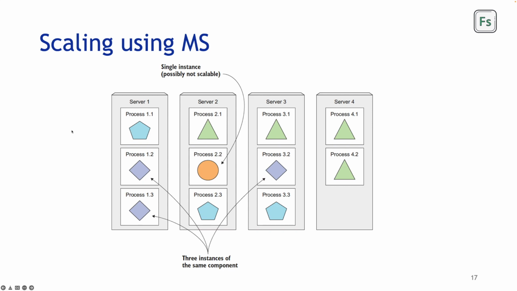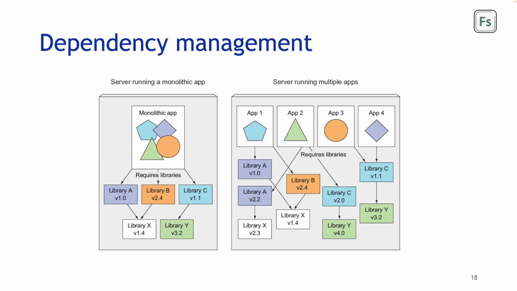Let's say we have an application where these green services or processes are more in demand for some reason, so we spin up more of them, as per the demand. So that's something we have already discussed, how the scaling is done in microservices.